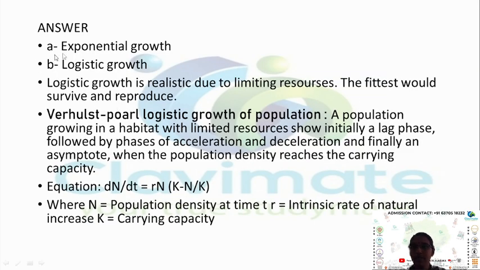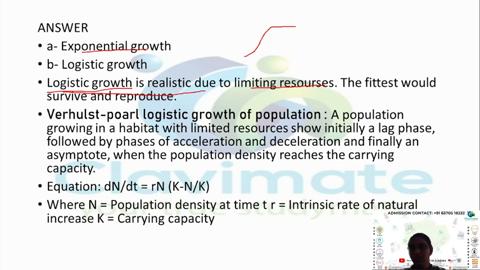So as I said before, A is exponential growth, B is logistic growth, and you have to say why logistic growth is realistic. The logistic growth states that there is a limiting resource, whereas exponential growth states that the resource is unlimited.